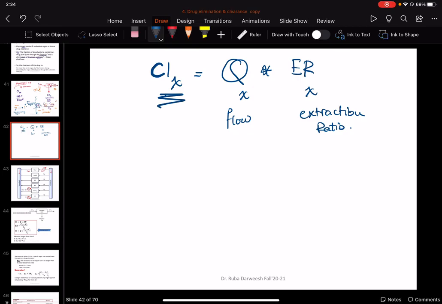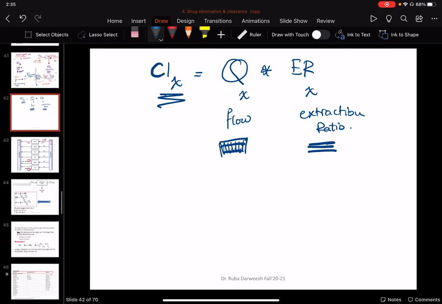Again, it could be limited by the extraction or limited by the flow. But whatever the extraction capability of that organ, it won't be higher than the maximum blood flow to that organ for sure.